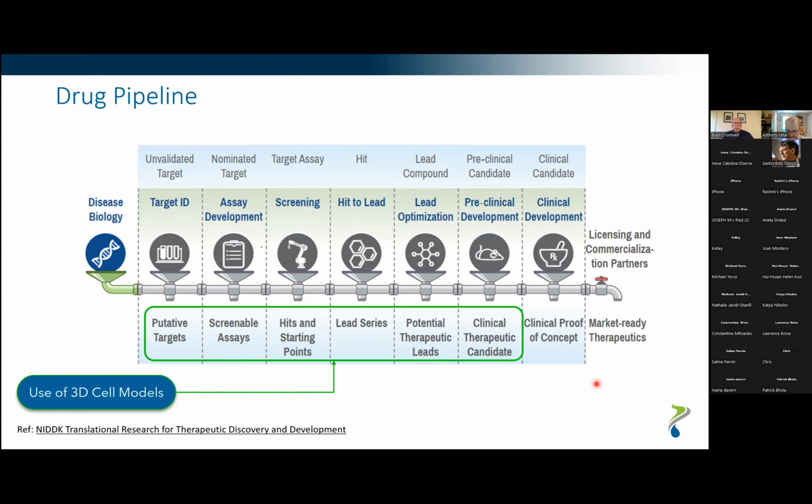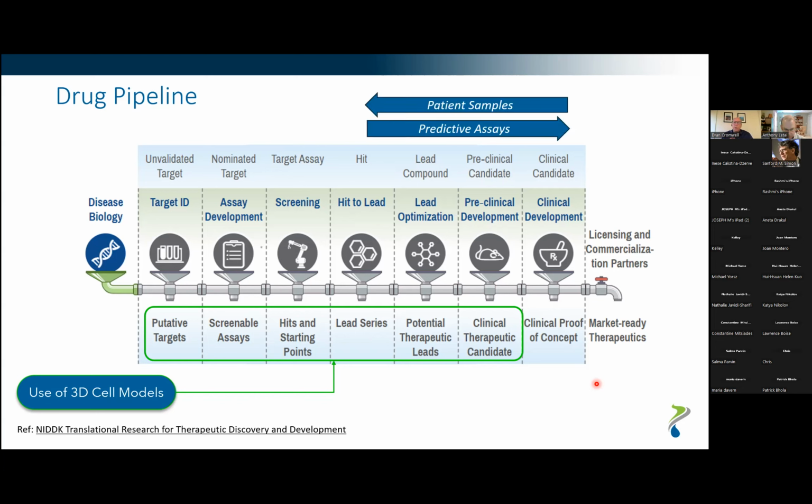I'll show you a little bit of data from a group at Scripps Florida, leading the way in that area. Being able to recapitulate the human body in a dish and use that for more predictive assays has been really exciting.